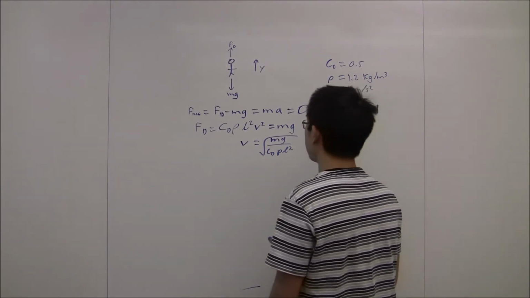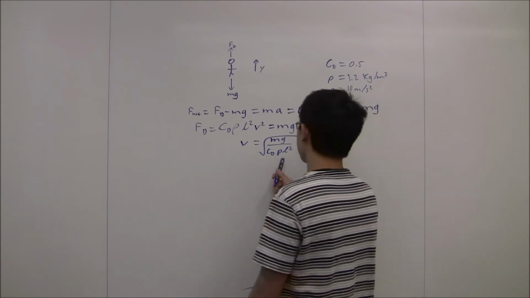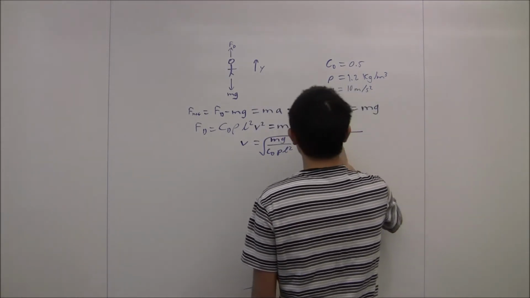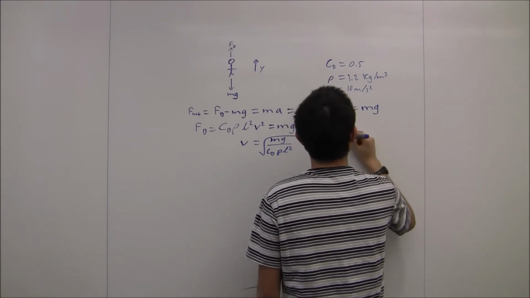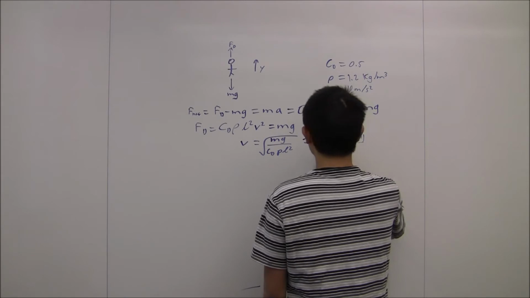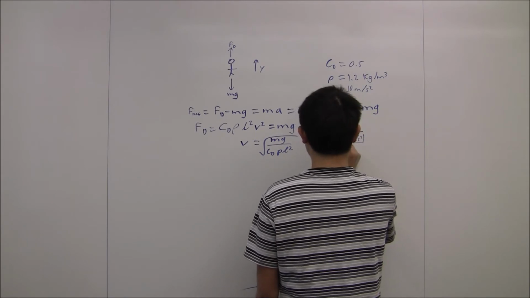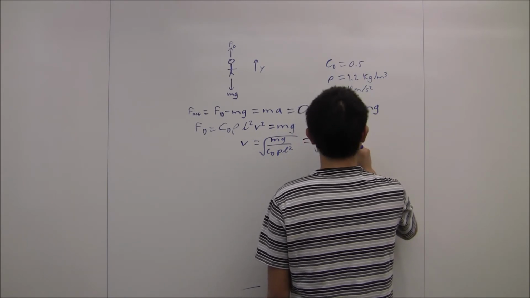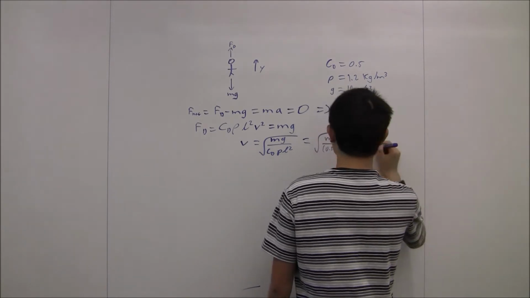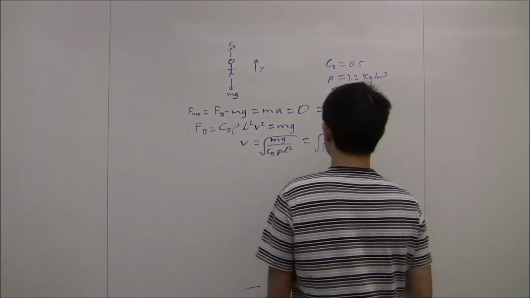So if you plug in our values for g, drag coefficient, and rho, we're going to get that the speed is equal to the square root of m times 10 meters per second squared, all over 0.5 times 1.2 kilograms per meter cubed times L squared.